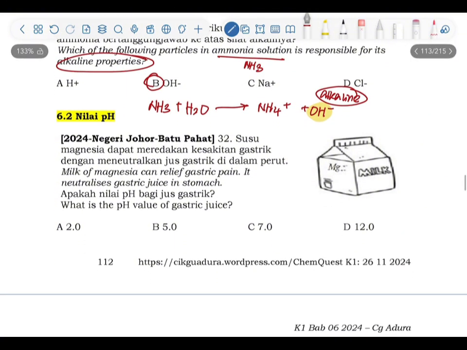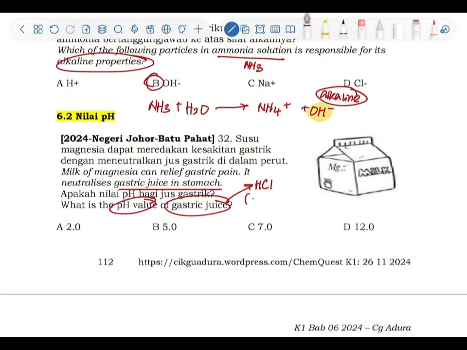Next question is related to the syllabus subtopic 6.2, which is pH value. Okay, the milk of magnesia can relieve the gastric pain. It neutralizes the gastric juice in the stomach. What is the pH value of the gastric juice? So for your information, in the gastric juice, we have chemicals known as hydrochloric acid, which we write as HCl.